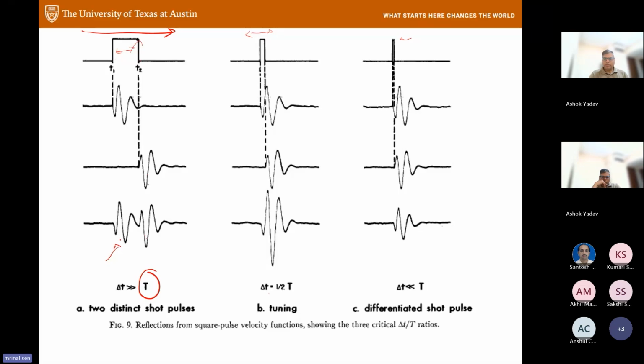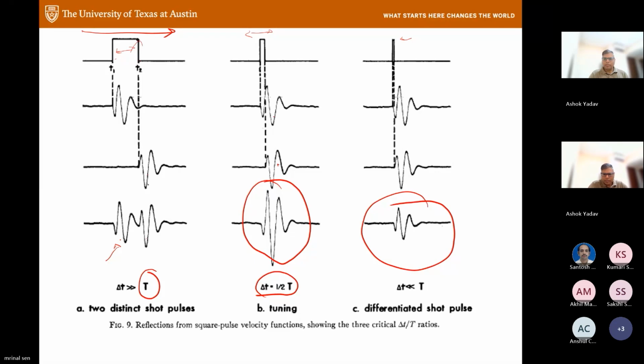On the other hand, if the thickness of the layer is 1/2 of the period, they interfere and you have a high amplitude, and this is the tuning effect. Now if your layer is even thinner than that, you can even have a destructive interference, and you have a weakening of the amplitude.